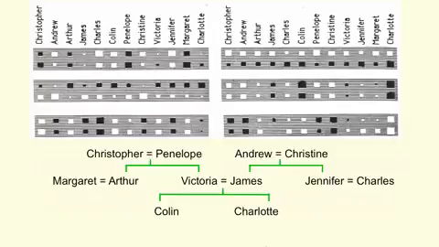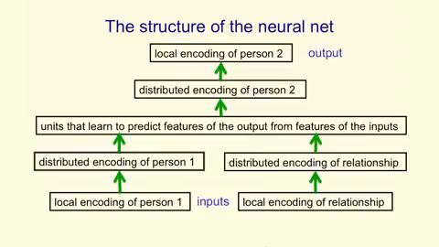And I laid out the 24 people with the 12 English people in a row along the top and the 12 Italian people in a row underneath. So each of these blocks has 24 blobs in it, and the blobs tell you the incoming weights for one of the hidden units in that layer. So going back to the previous slide, if you look at that layer that says distributed encoding of person 1, there are 6 neurons there, and we're looking at the incoming weights of each of those 6 neurons.